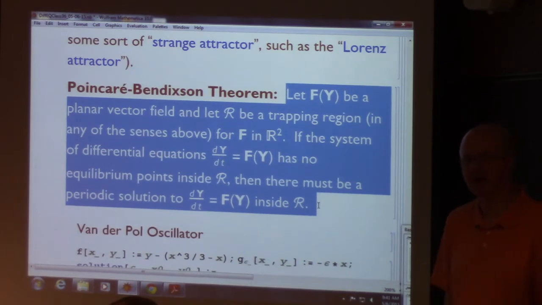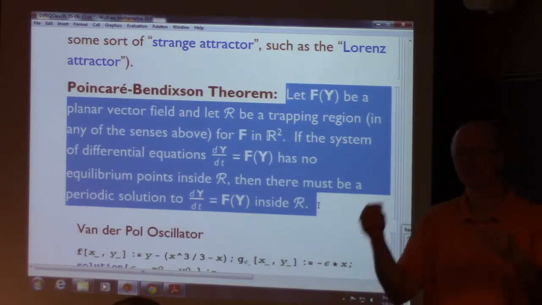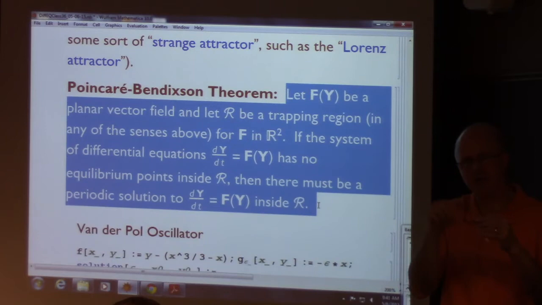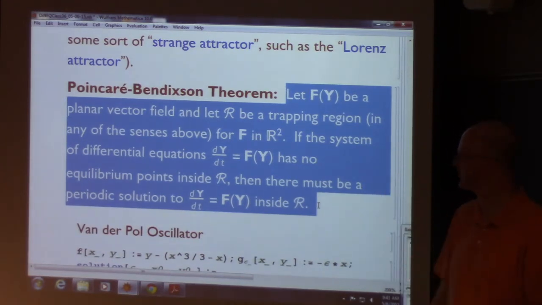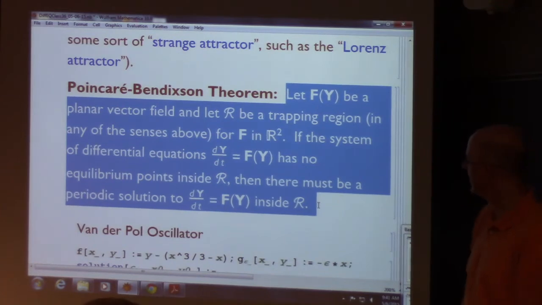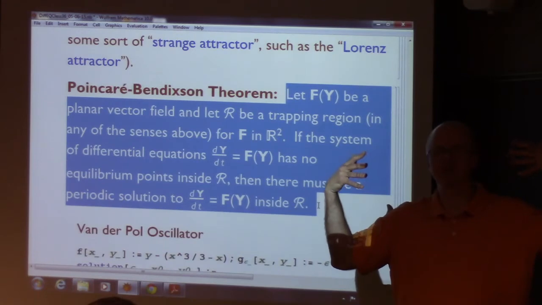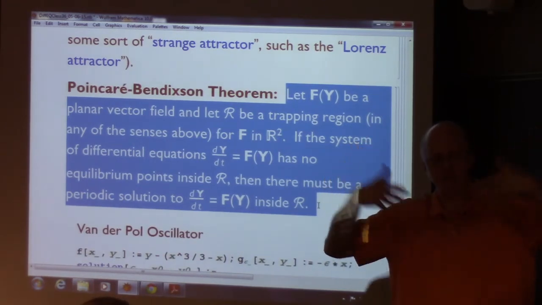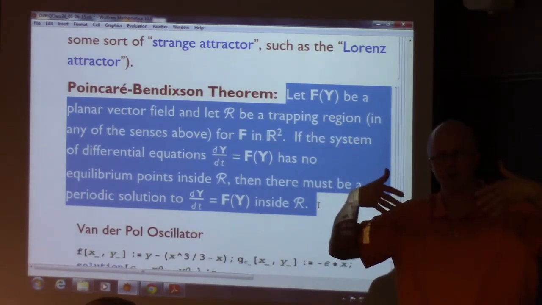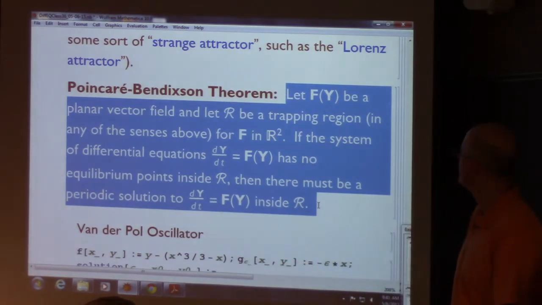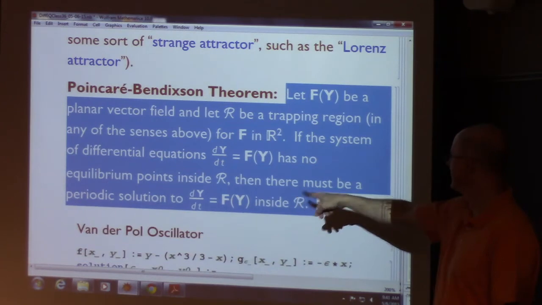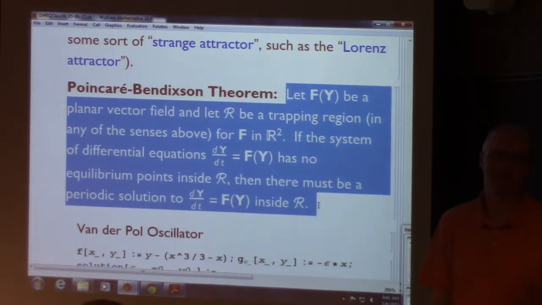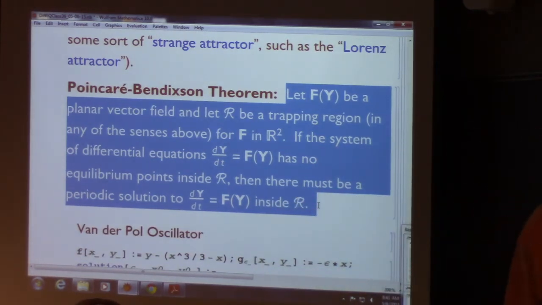There are more general kinds of trapping regions that can include situations where the vector field is tangent to the boundary of the trapping region at certain points, and it's still a trapping region. Don't worry about that. Just imagine ones where the vector field is pointing directly into the region along the boundary. If the system has no equilibrium points inside the trapping region, then there must be a periodic solution inside the trapping region.